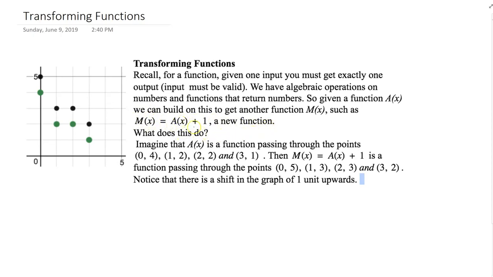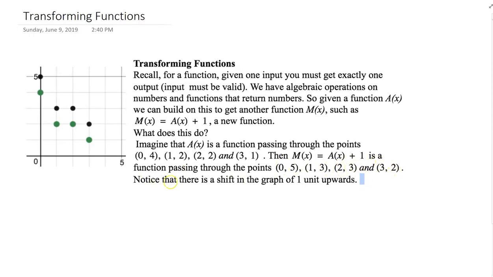Let's see what adding 1 to an original function does. Imagine that a of x is a function passing through points (0, 4), (1, 2), (2, 2), and (3, 1). Then m of x being equal to a of x plus 1 is a function passing through the points (0, 5), (1, 3), (2, 3), and (3, 2).